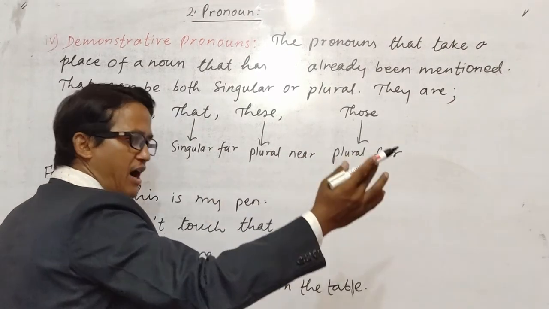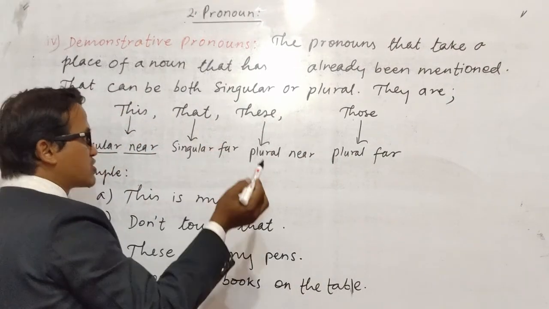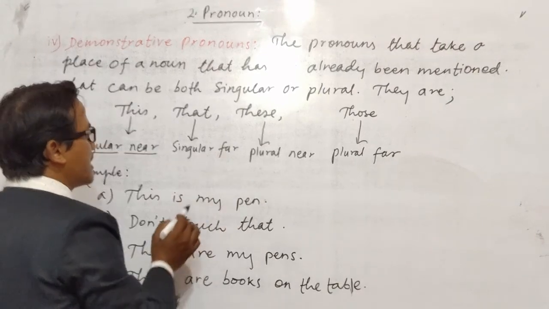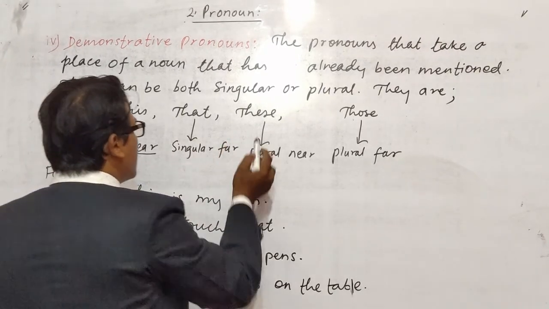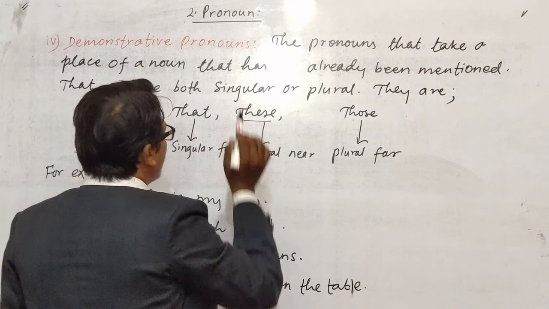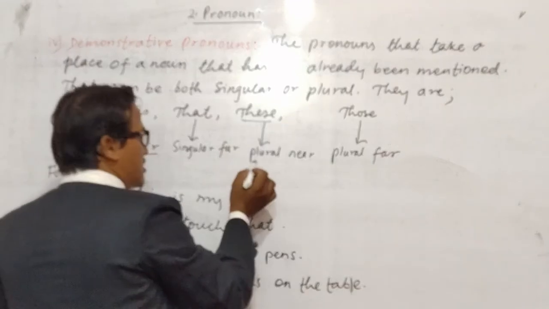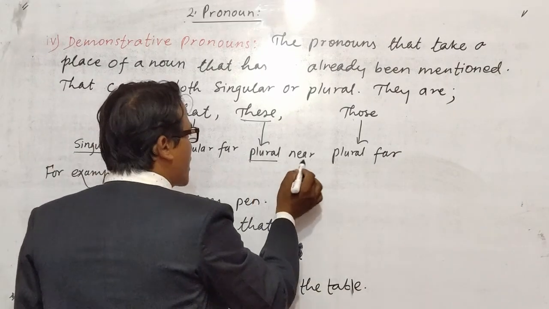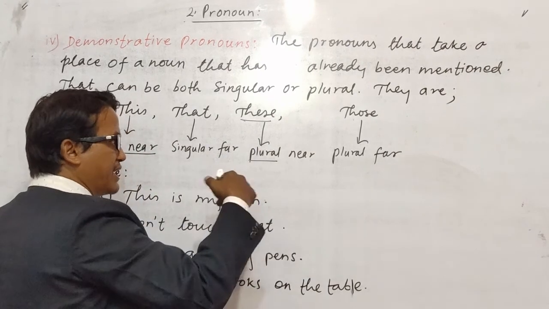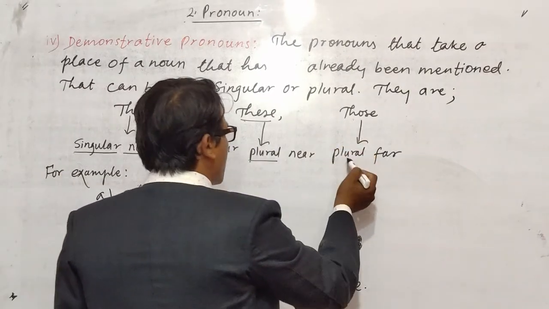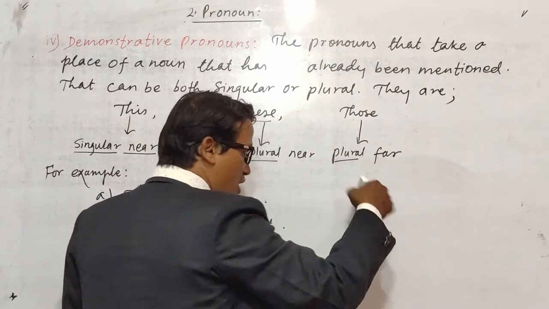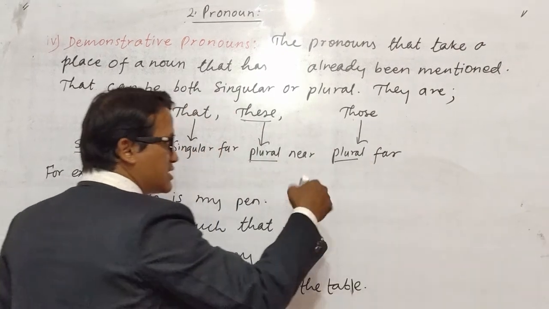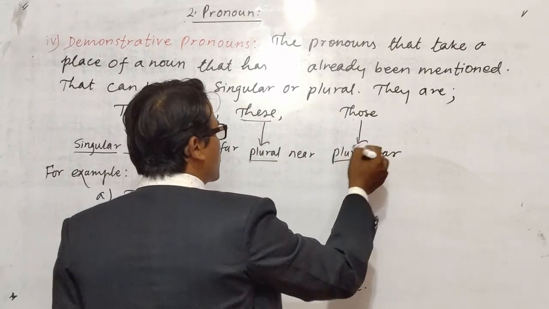The thing which is far, it shows to demonstrate the far thing. Singular, far. These also demonstrate pronoun and function as plural, near, which are near but many. Those, plural, far. The things which are far.